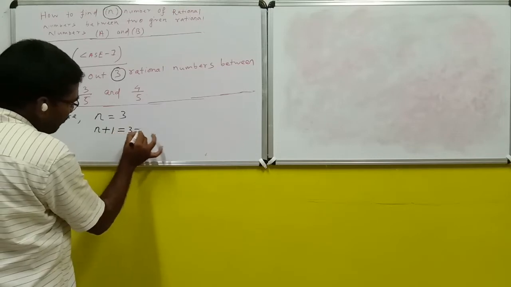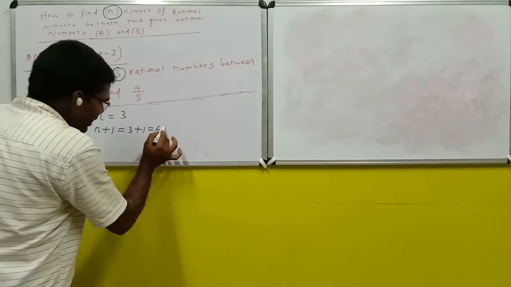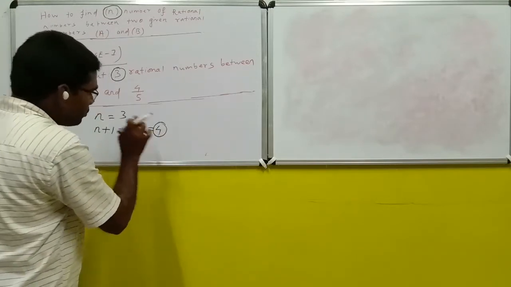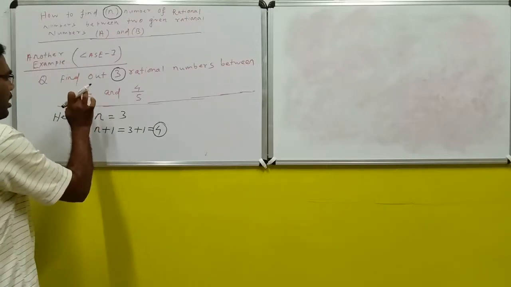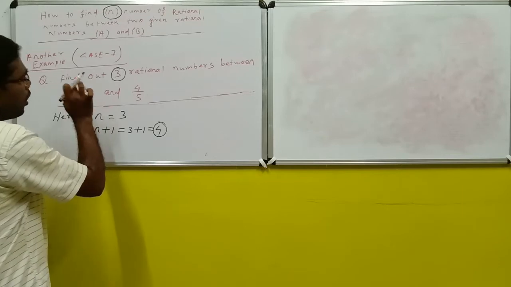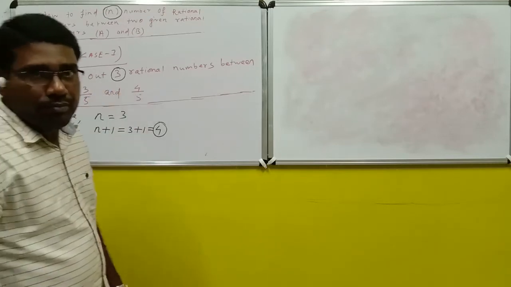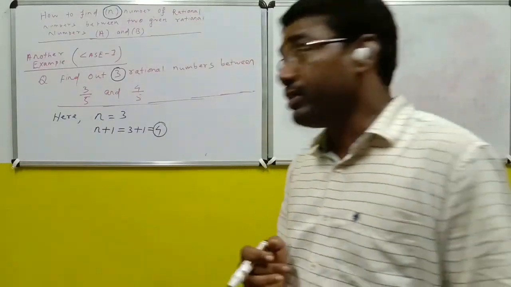That will be 3 plus 1 equal to 4. And this 4 will be multiplied by the numerator and the denominator of both the fractions in order to change them into their respective equivalent rational numbers.